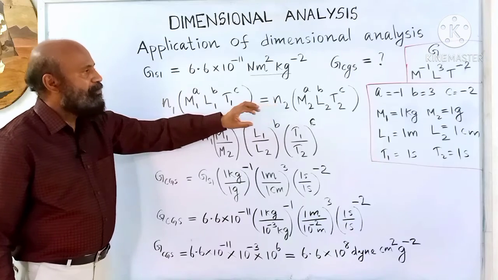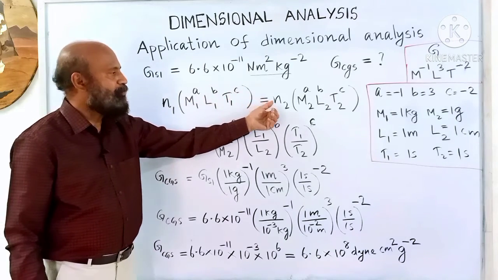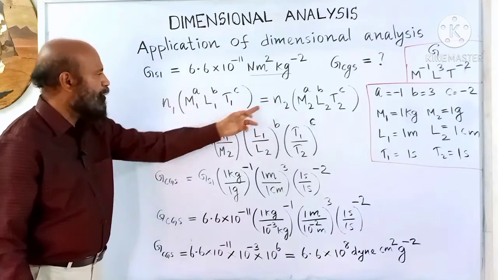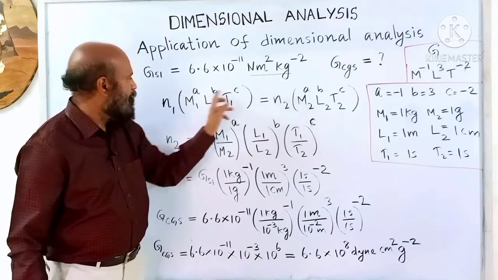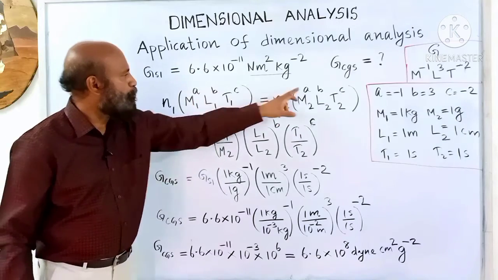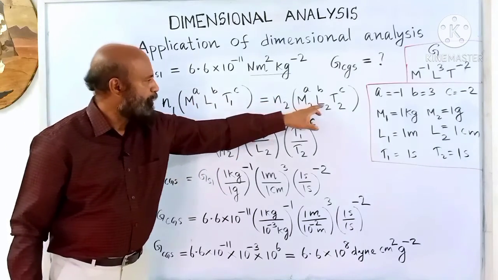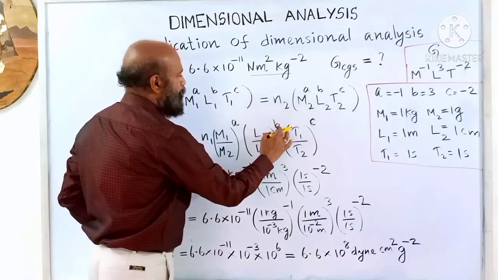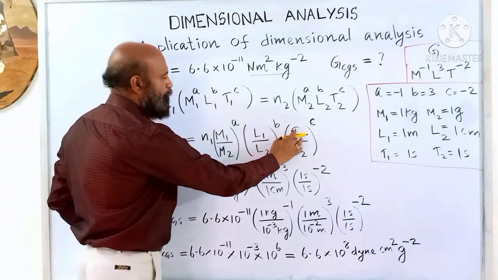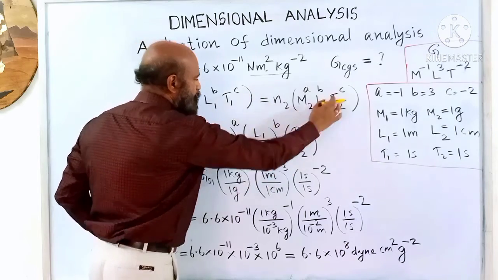We have to get the numerical value in the second system. So N2 is equal to N1, M1 by M2 power a, L1 by L2 power b, T1 by T2 power c.